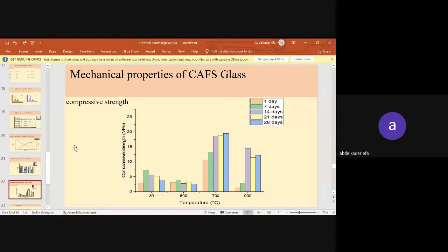Then the compressive strength value decreases starting at 900. The GIC obtained the highest compressive strength value at 700, which is 21 megapascal at 28 days of aging time. In contrast, the lowest compressive strength value was obtained at the high sintering temperature of 900 degrees Celsius, which is 3 megapascal for 1 day of aging time.